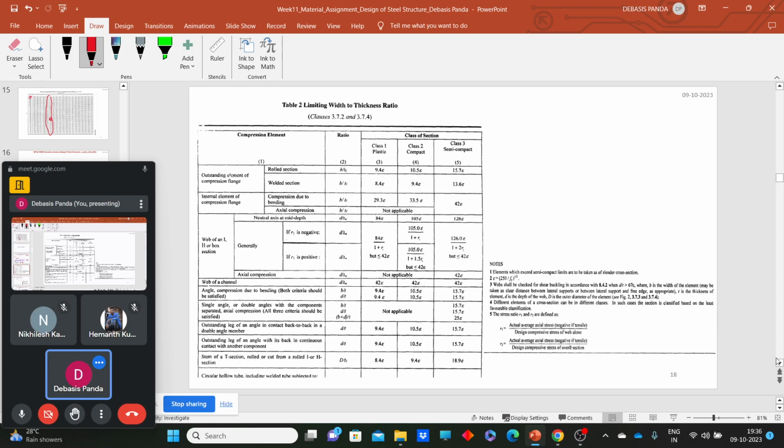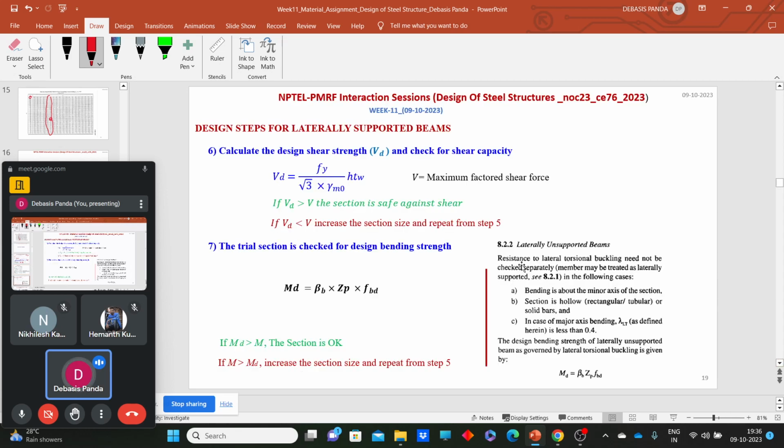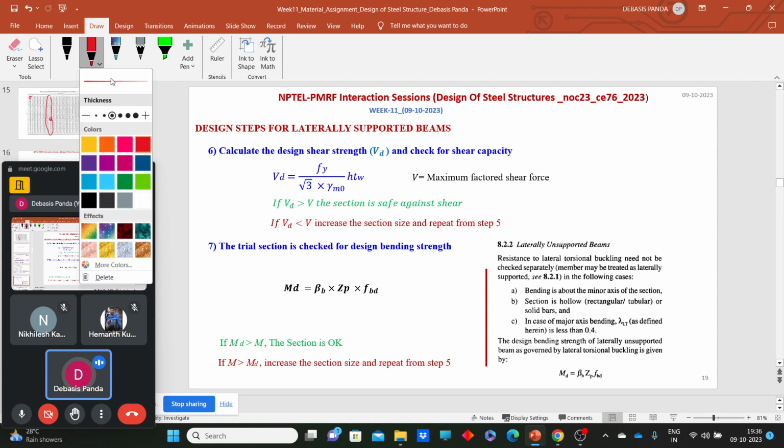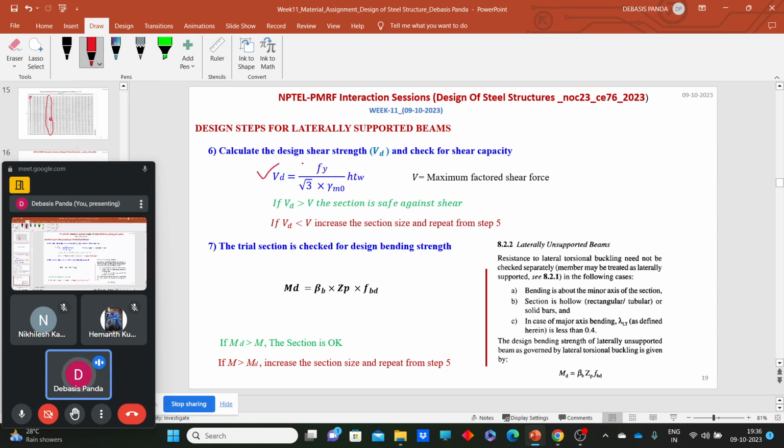Now what should be the next step? We need to calculate the design shear capacity. How can we calculate the design shear capacity? I already showed you that in clause 8.4. Here, if we are considering a rolled I section, generally for a beam section, we have discussed the advantages of having an I section over channel and angle sections.